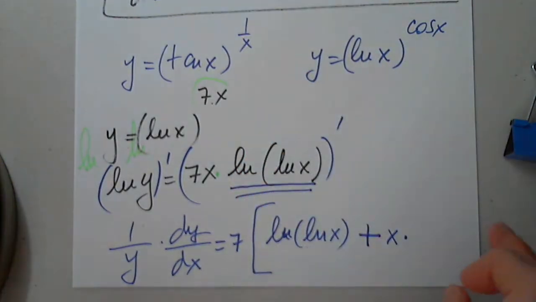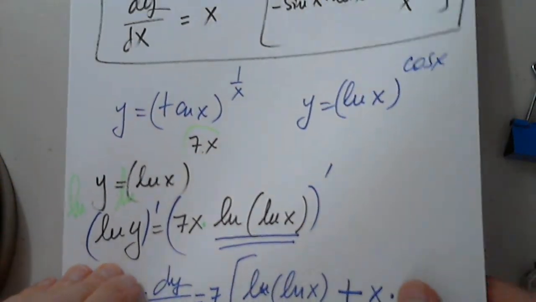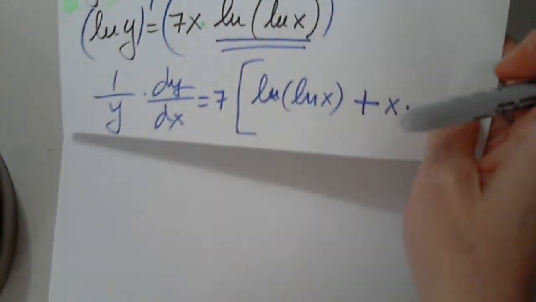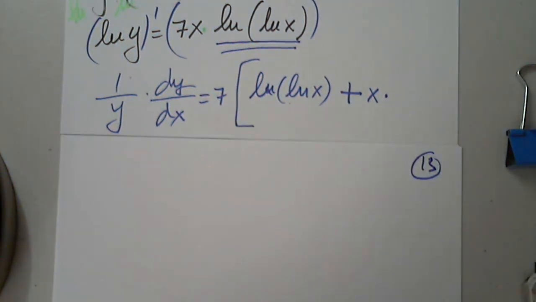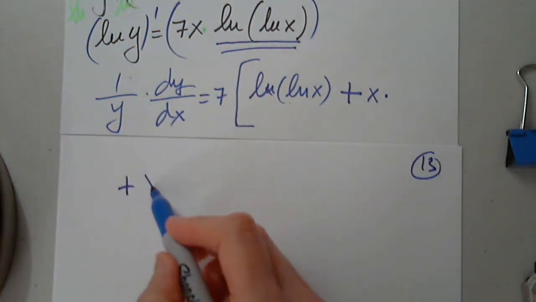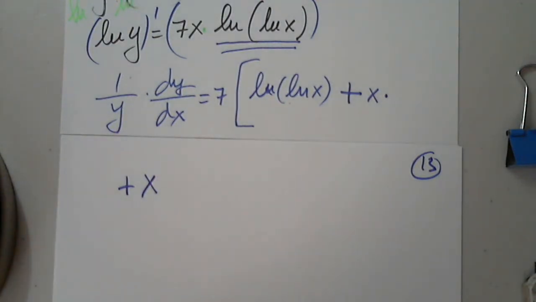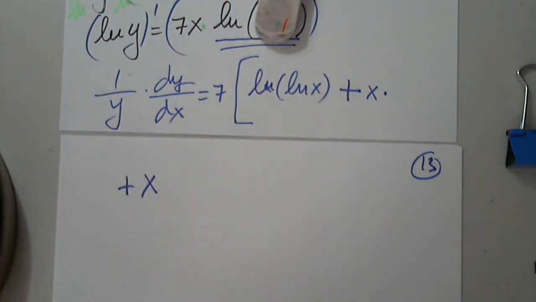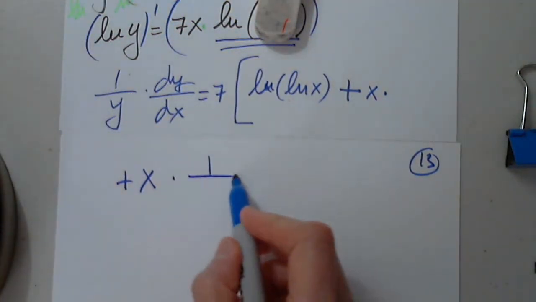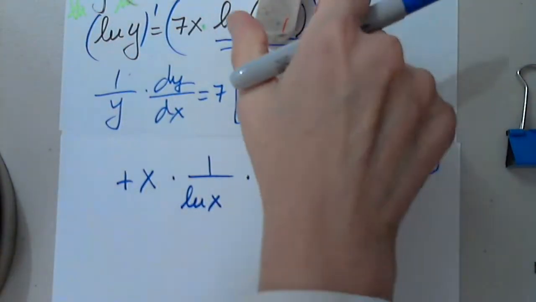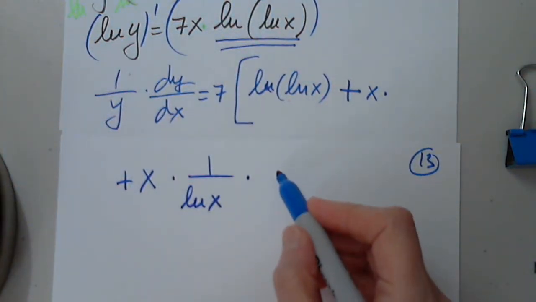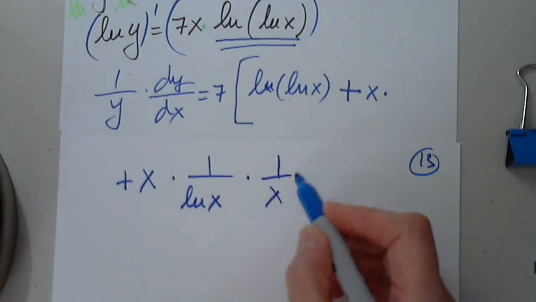With your permission, I'm going to move to the next page and I'm going to wipe that out, because then I squeeze it in and no one understands what I'm writing. Okay, so plus x times 1 over natural log x, excellent, times this prime, 1 over x. That's it.